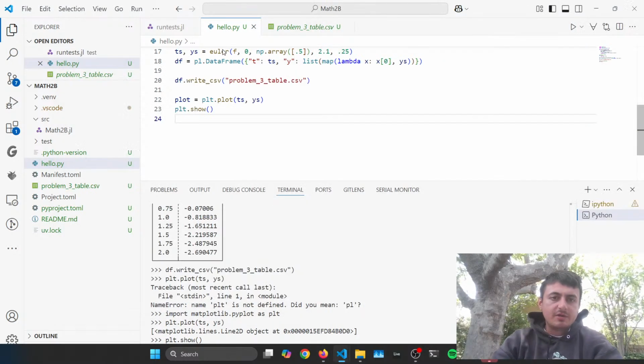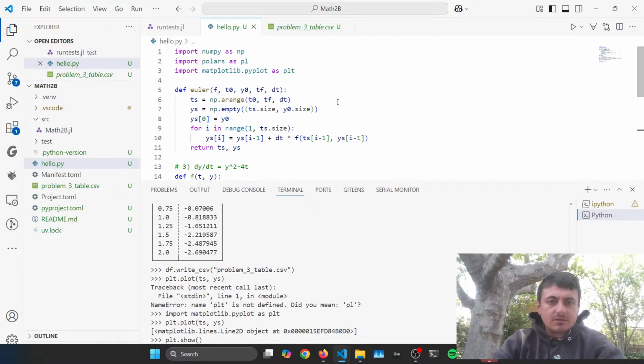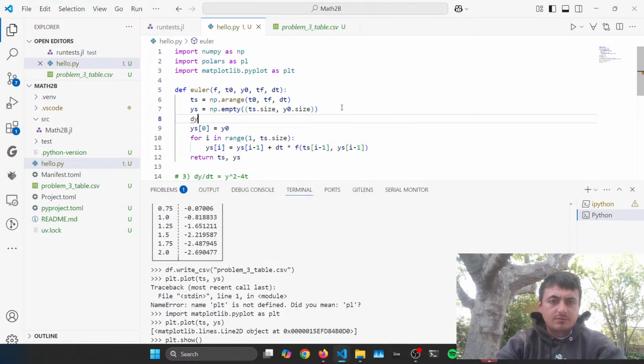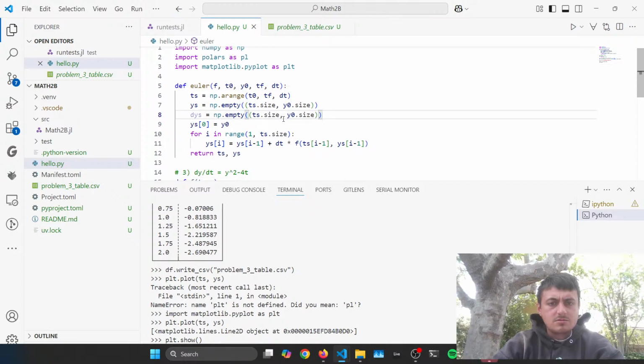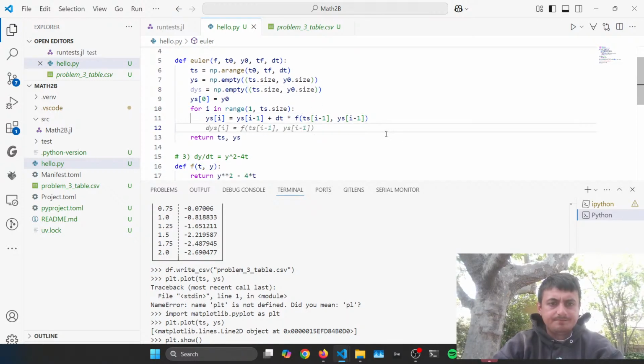So you know what I'm going to do, actually? Wait, why does it need to be t's dot size? Oh. Right. Yeah, let's do this.